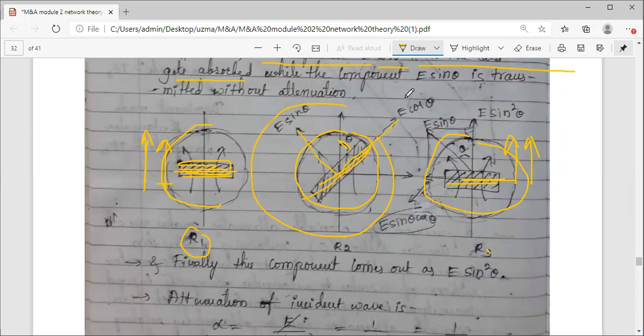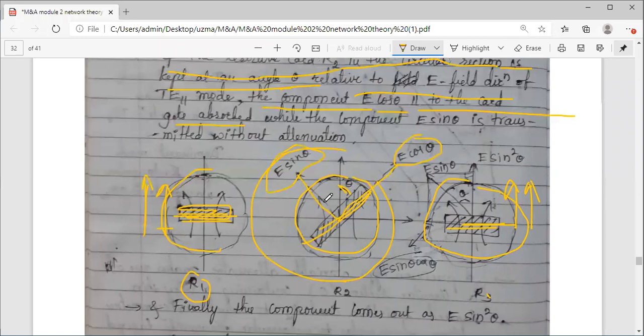Observe here, this is your horizontal component E cos theta and vertical component E sin theta. Because of this tilt, the component E cos theta is parallel to the card. The card is like this, the horizontal component is also like this. Both are parallel, so this parallel E cos theta component gets absorbed.